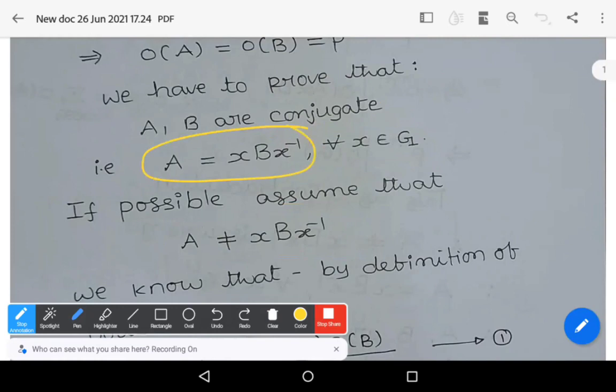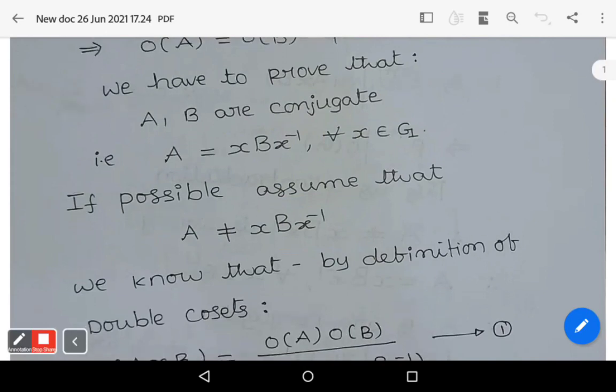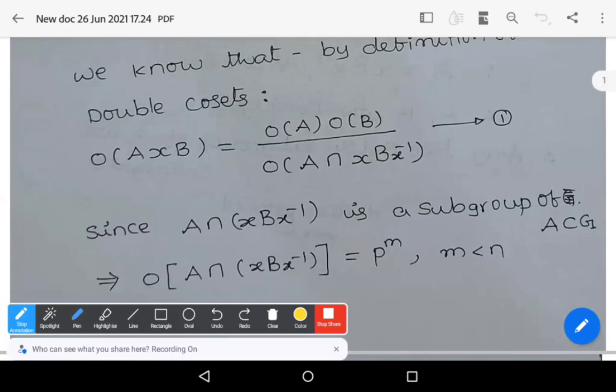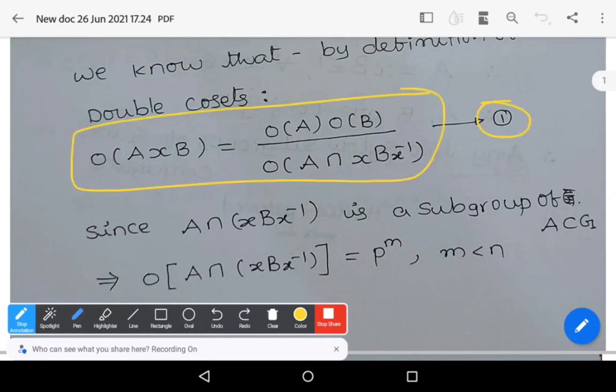So we know that by the definition of double cosets, the order of the double coset AxB is equal to order of A into order of B by order of A intersection x B x inverse. Observe equation number 1. It can be derived from the definition of double cosets.